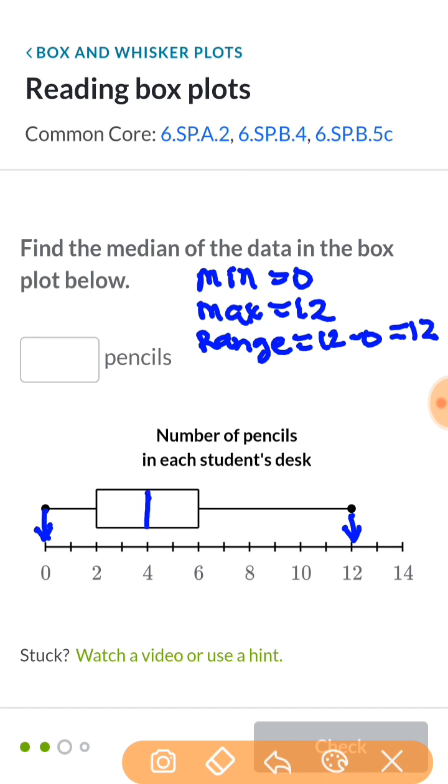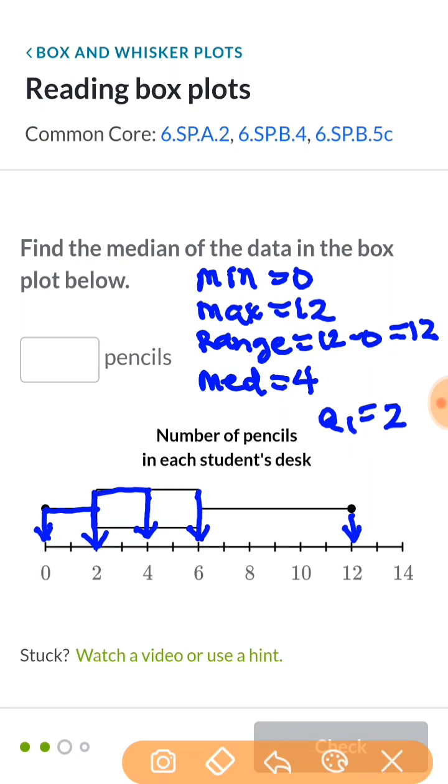My median is a line in the middle of the box, which drops down to 4. So my median is 4. And then Q1, quartile 1, is at the end of the first quarter, which is right here. And that drops down at 2. And Q3 is at the end of the third quarter.